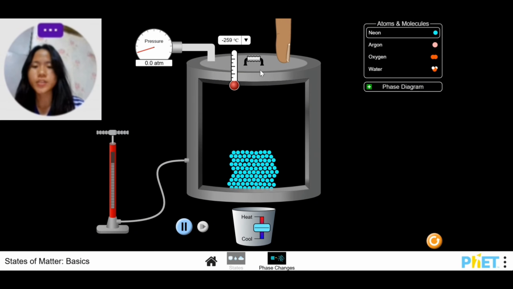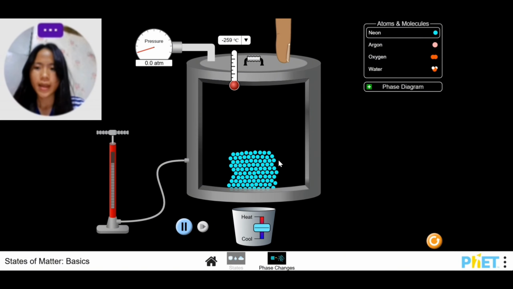For instance, as you can see here, at minus 259 Celsius, neon is in a solid state. We can see the molecules closely packed together, vibrating slightly but not moving freely. This confirms that neon is frozen at this extremely low temperature.